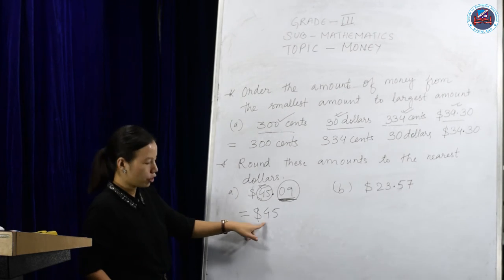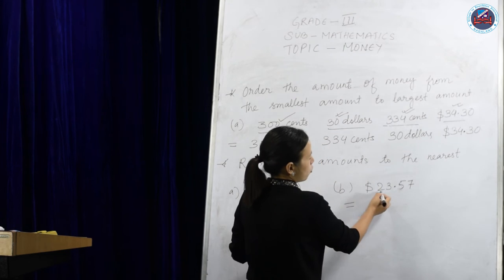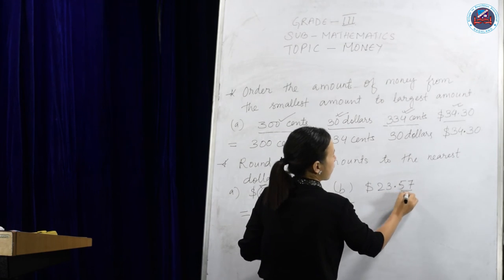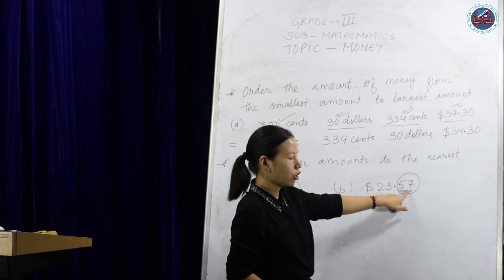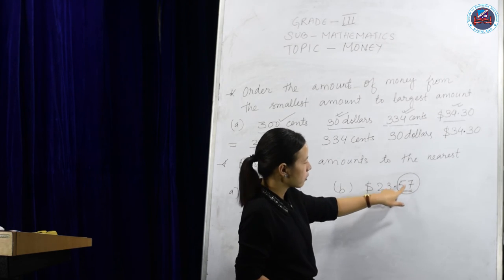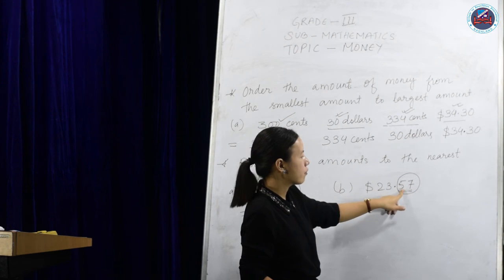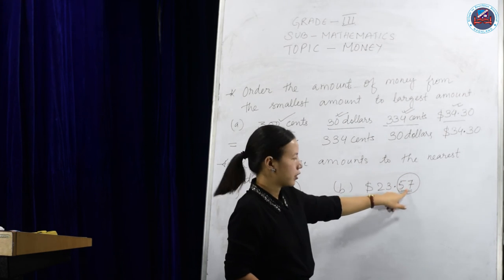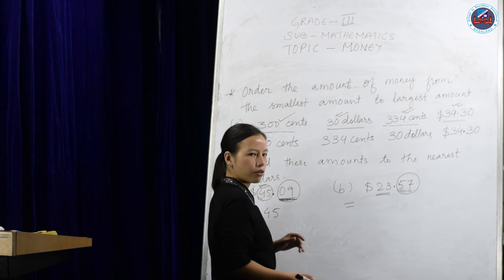Now we have changed to the dollars amount. And now next one is $23.57. So when we look, how do we round up? We have to look at the cents amount, right? Now here your cents amount is more than 50, that is 57. So if your cents amount is more than 50, that means what we have to do is your dollars amount will increase by 1.